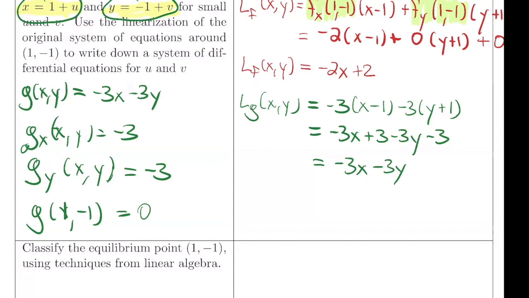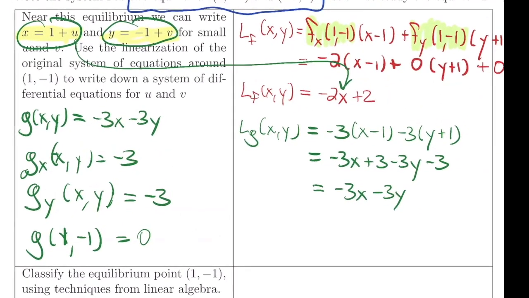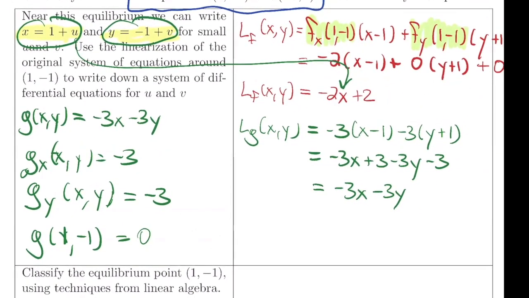So now we can go ahead and let me plug in this for x. Could you use 1 minus u and then negative 1 minus v if you wanted to? Sorry? If you wanted to do 1 minus u and negative 1 minus v, would that still work?